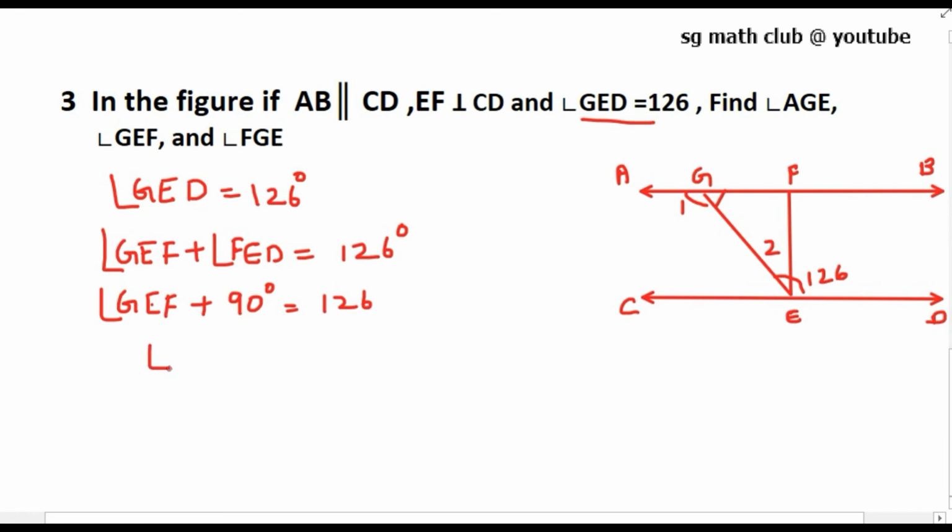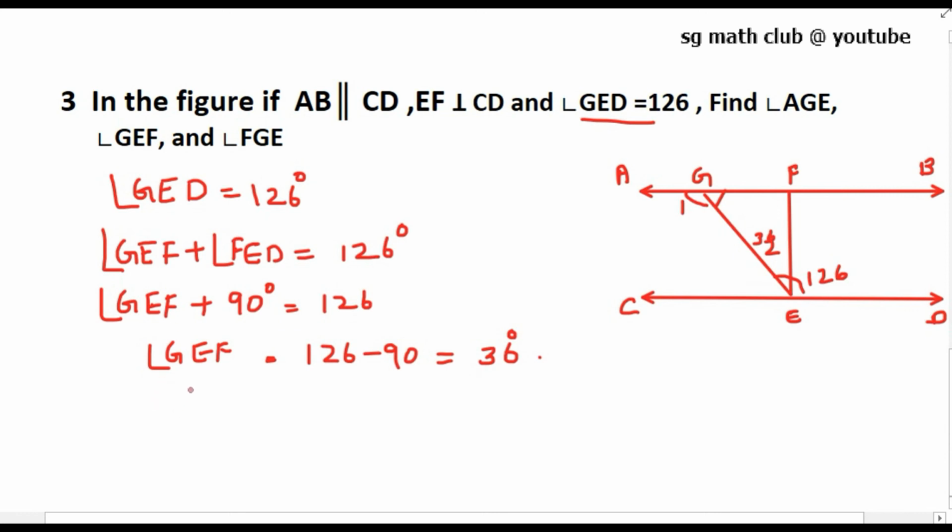Again angle GEF equal to 126 minus 90, which is equal to 36 degree. So we got angle GEF. Angle GEF is 36 degree. Now we need to find out two more angles, AGE as well as FGE.